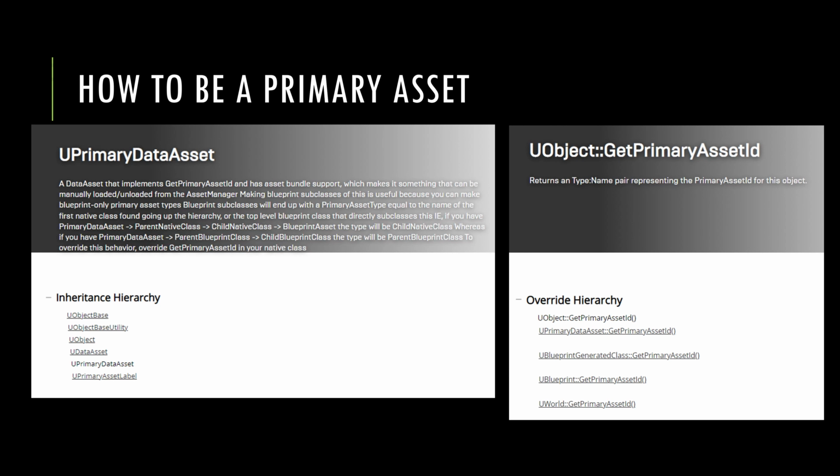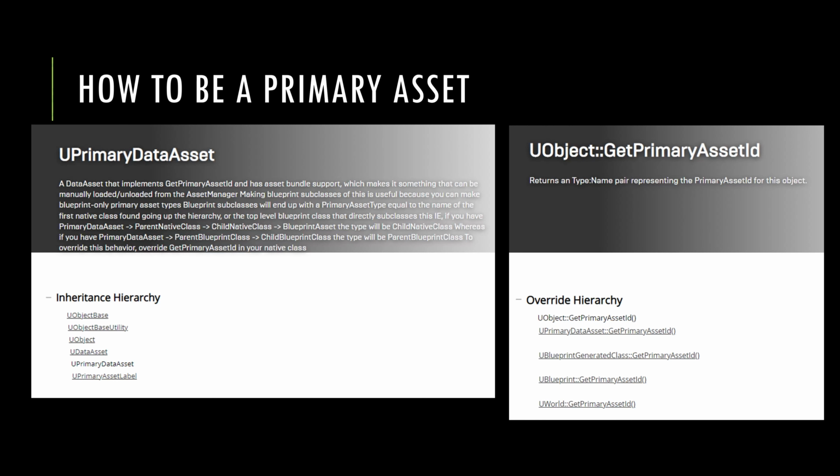The second path is, in some cases, you can't change your parent hierarchy to include the primary asset. Think of an actor, maybe your character actor, which has a default inheritance from actor to pawn to character to your character. You don't want to go in and change that inheritance structure.